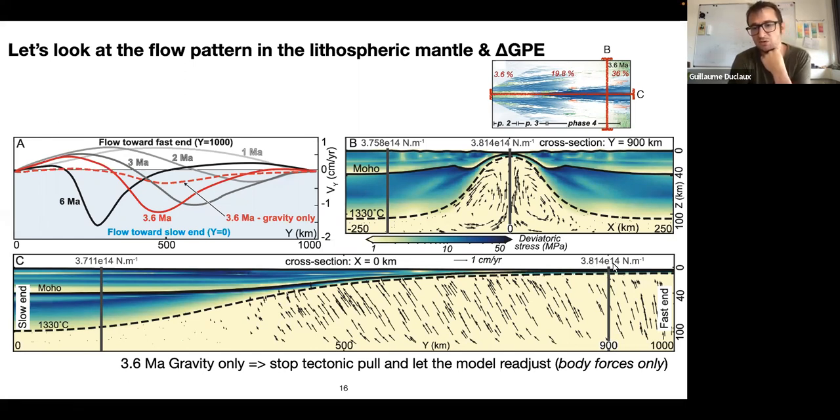The value calculated by the sum of sigma ZZ is 3.8 10 to the 14 Newton per meter, which is larger than the integrated gravitational potential energy that we've got here, which is 3.7. So naturally, the system is going to want to propagate towards the slow end because the asthenosphere rises high enough.